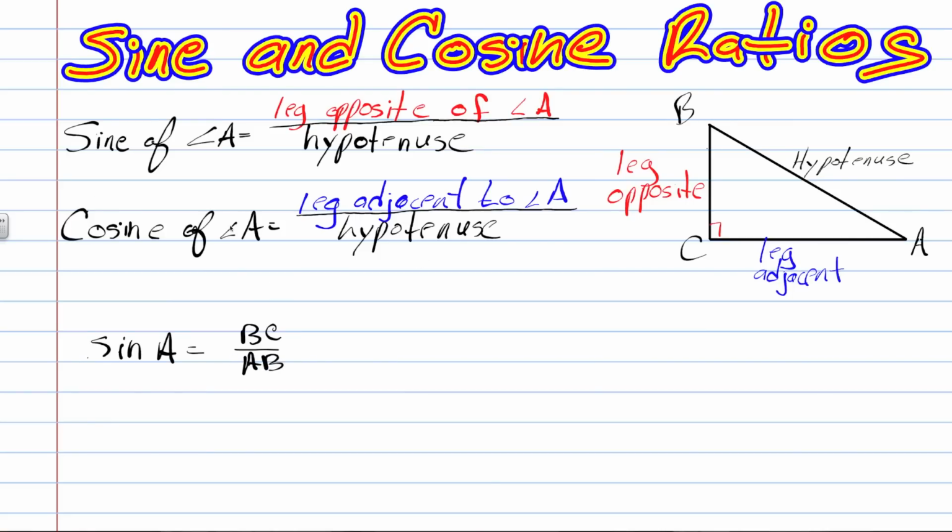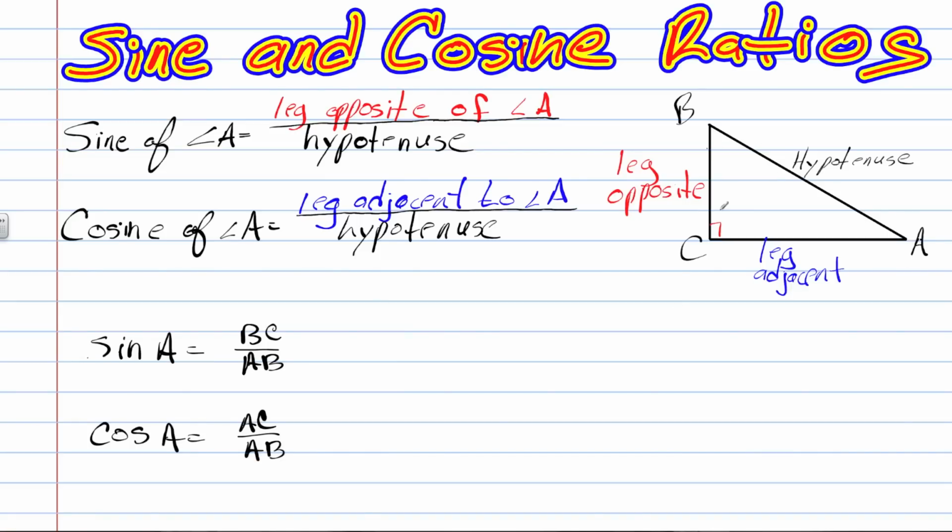The cosine of angle A is the length of the leg adjacent to angle A over the hypotenuse, so the cosine of angle A is AC over AB.